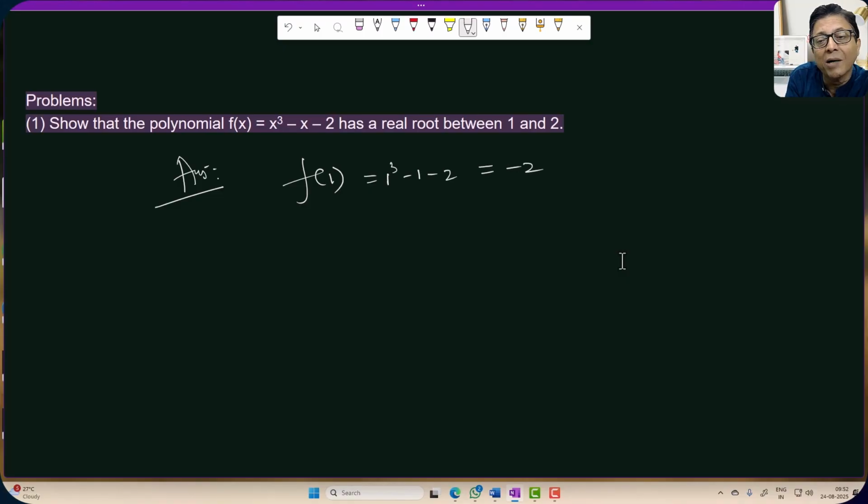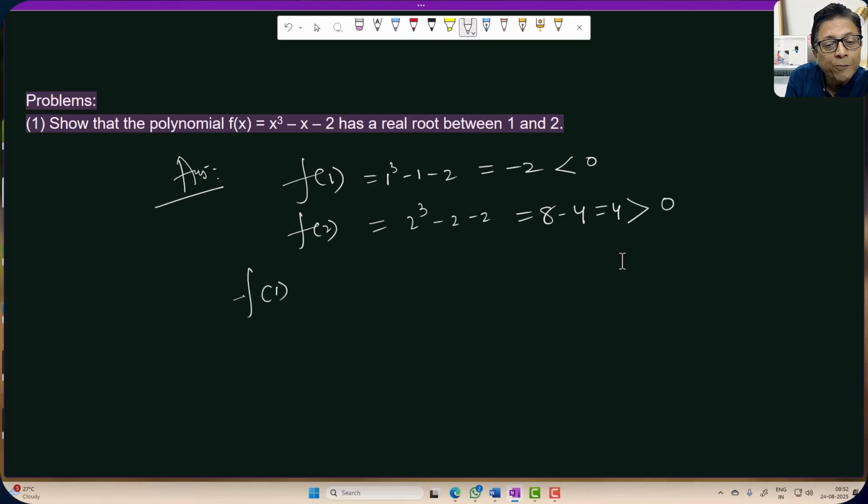This is minus 2, less than 0. And f(2) is what? 2 cube minus 2 minus 2. 8 minus 4, that is 4, greater than 0. So f(1) and f(2) are of opposite signs.